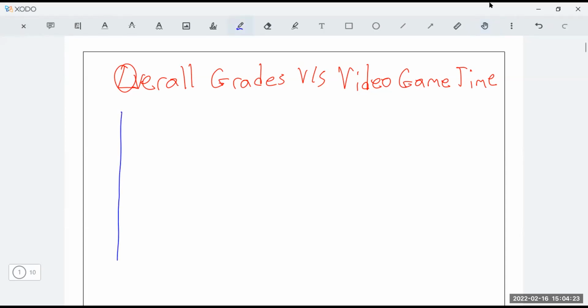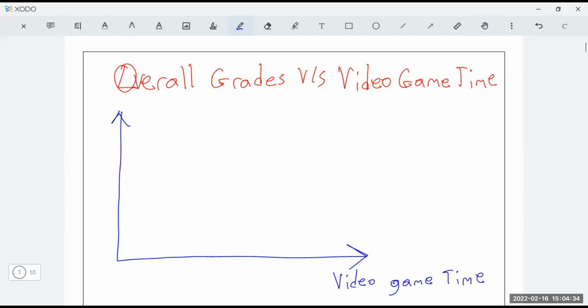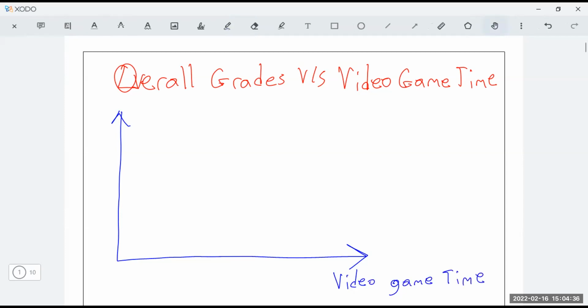Very good. So if you were to plot a graph, and on the x-axis is the video game time, what we're saying is the more time we spend on the game, then our overall grade should drop. So let's say initially you don't spend any time playing games, your grade might be up here. Then when you spend maybe 2 hours a day playing games, your grades might drop to here.